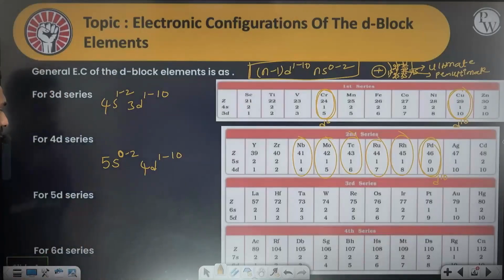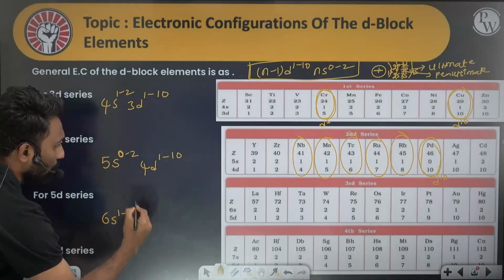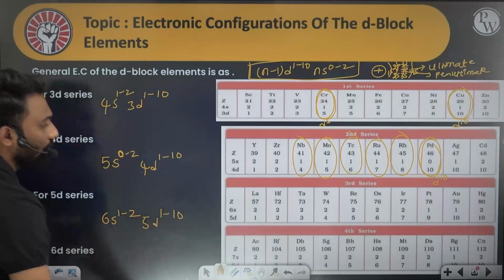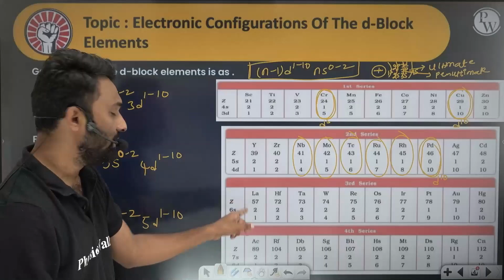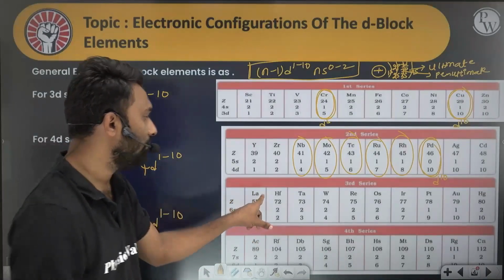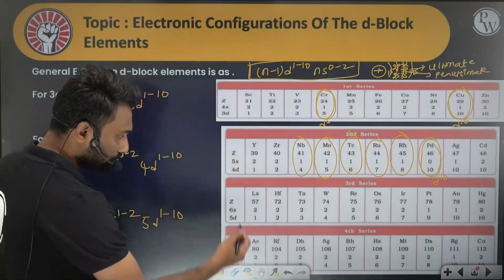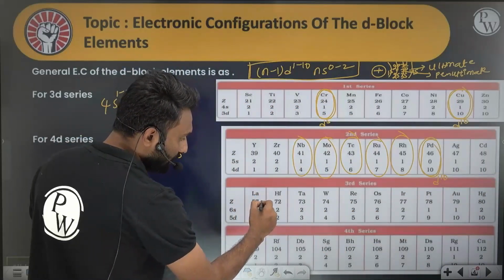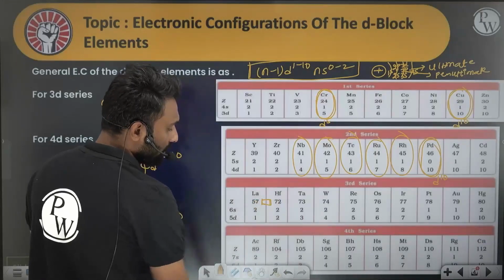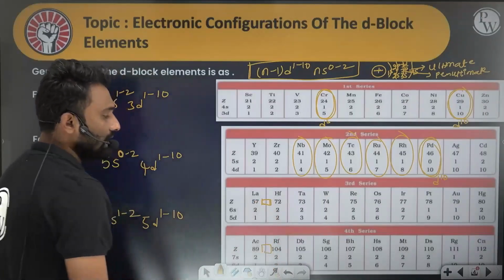Now the 5d series will start with 6s 1 to 2, 5d 1 to 10. The 5d series starts from lanthanum and ends at mercury. Here the f block elements come in. Here these are the lanthanides, and here the actinides.